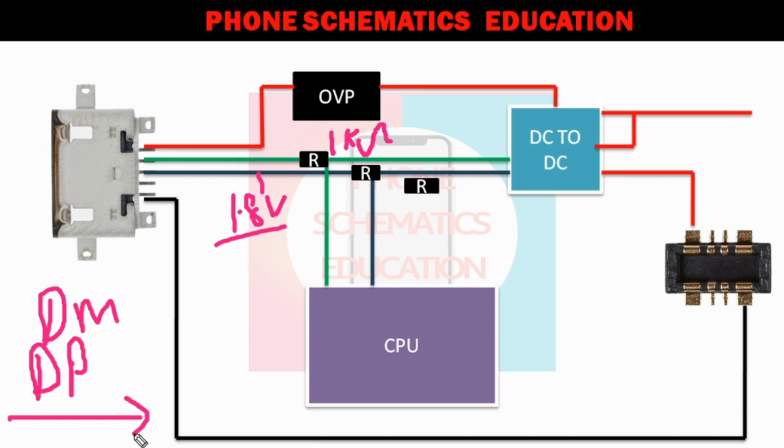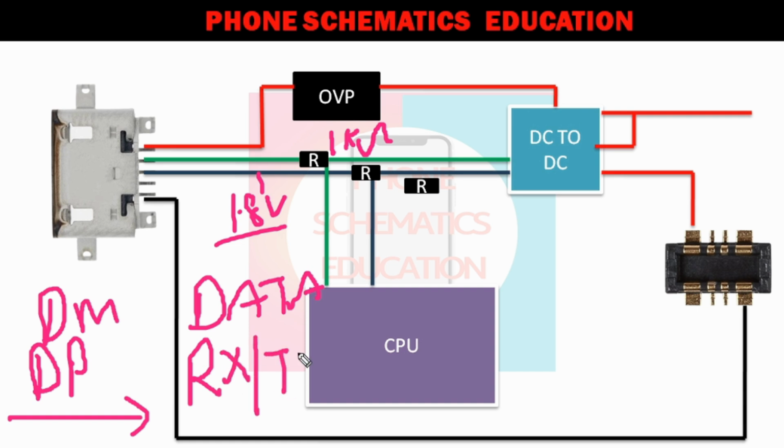From the names, these lines work for data transmission, right? We also call them RX and TX, receiving and transmitting. Clear?